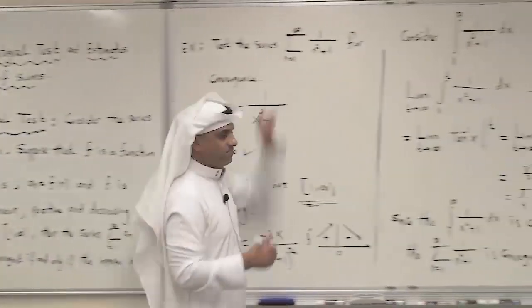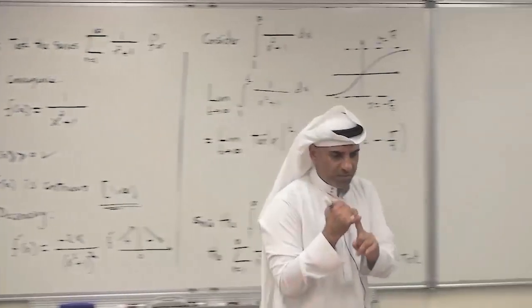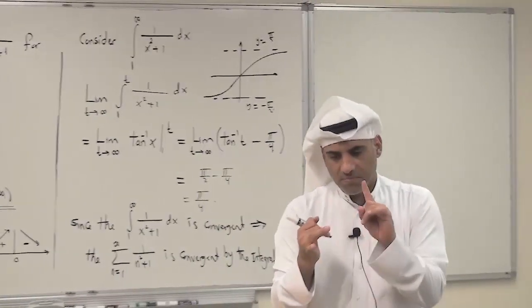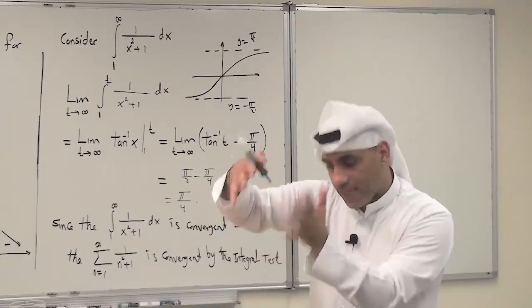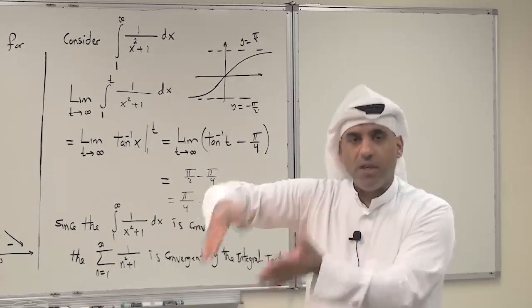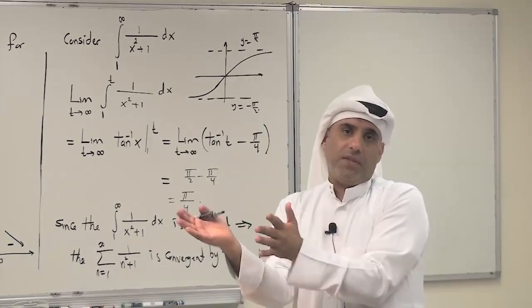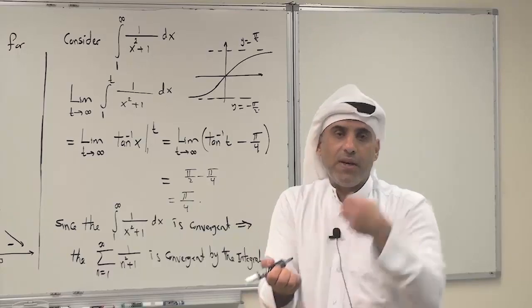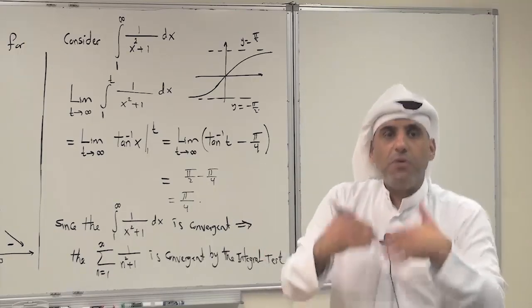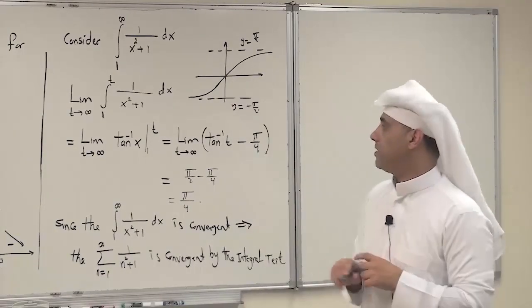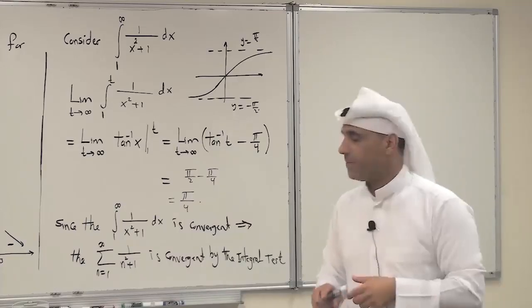We have a series. That series contains positive terms. If we can define a function that is continuous and decreasing on 1 to infinity, we take advantage of the improper integral in order to deduce something about convergence of the series. I just have a warning here.